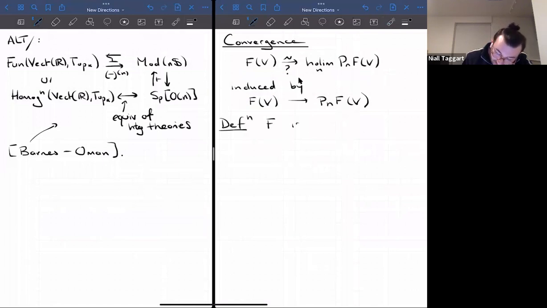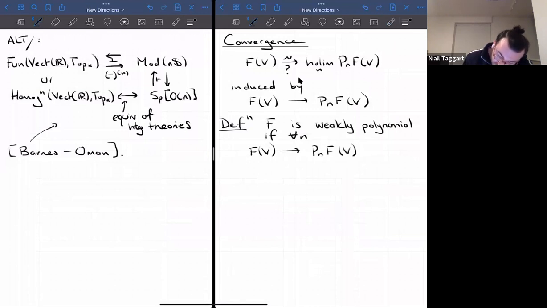So the functor F is weakly polynomial if for all n, the map from the functor to its polynomial approximation is, let me write down the connectivity estimate, (n+1) times the dimension of the vector space, up to a shift, connected.